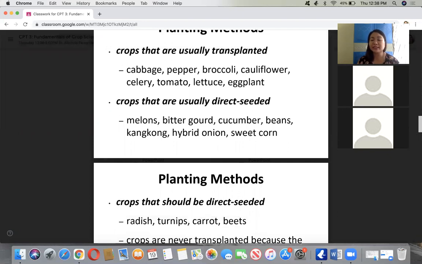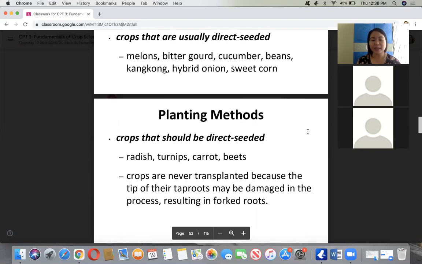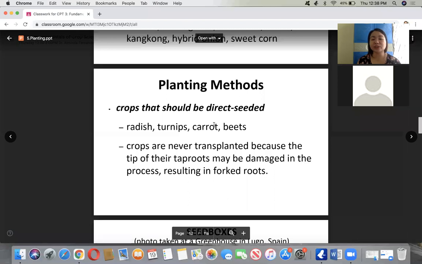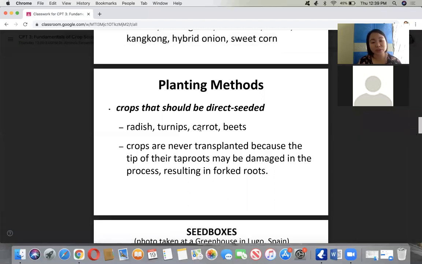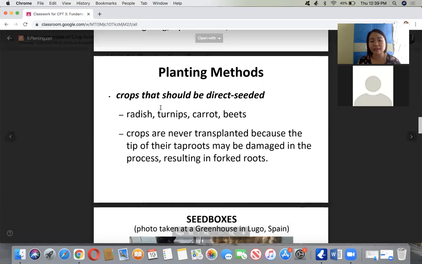Like I've said, we don't transplant sweet corn because even if you direct seed them, they are adapted and don't need to be transplanted, since they have efficient germination viability. And the last are the crops that should be direct seeded and should not be transplanted, like root crops, radish, turnips, carrots and beets.